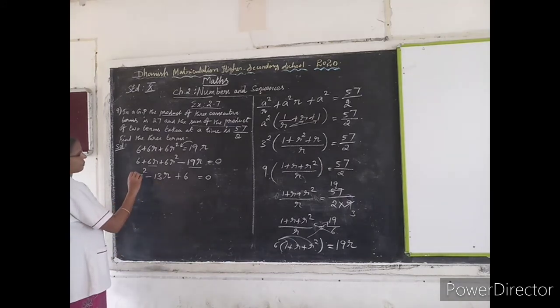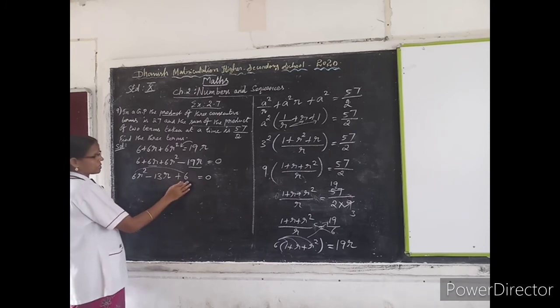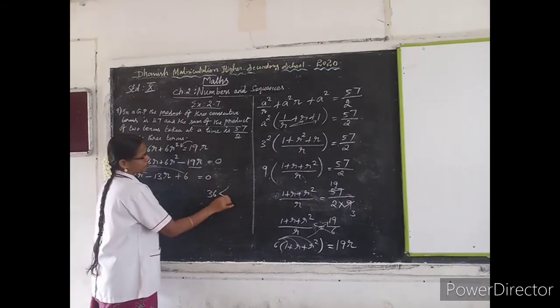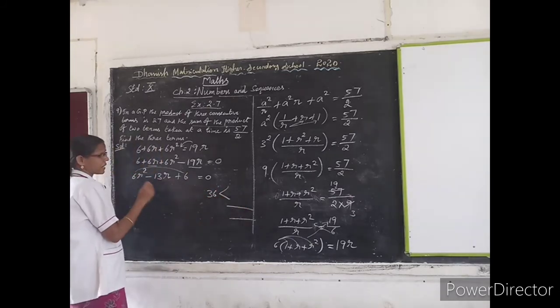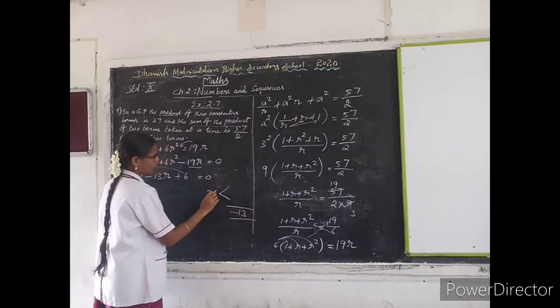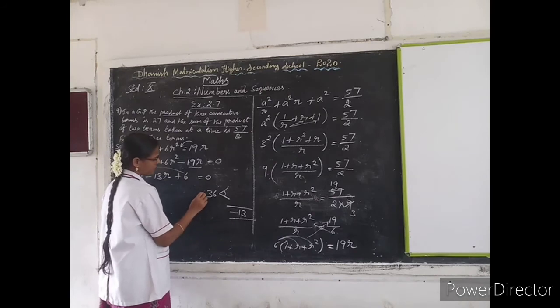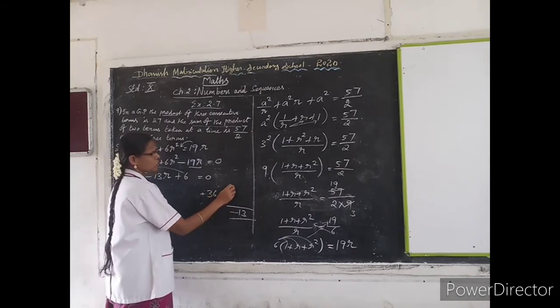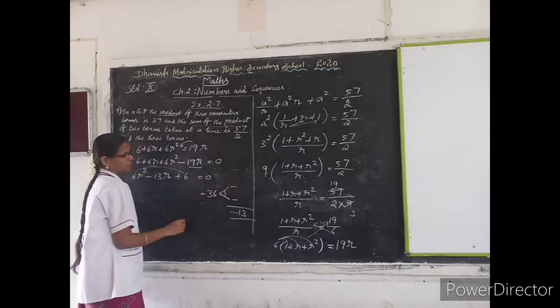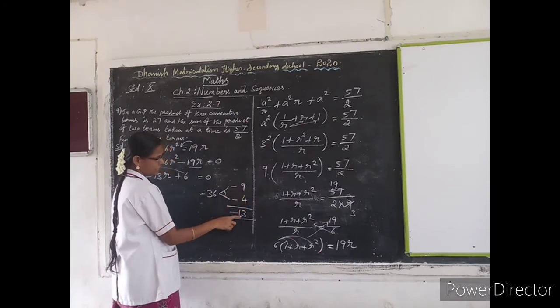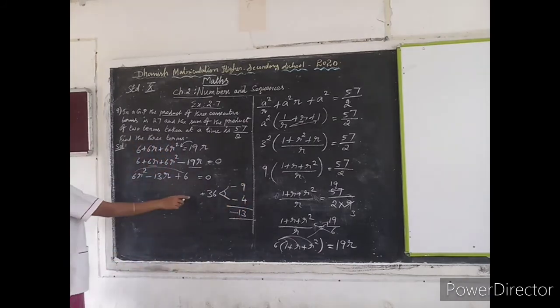So solve this. Multiply the coefficient of r square and the constant term: 6 into 6 is 36. The coefficient of r is minus 13. So the product of the terms is 36; how to write? This number is plus, this number is minus, so both the factors are in minus. 9 4s are 36, 9 plus 4 is 13. So the factors are 9 and 4.